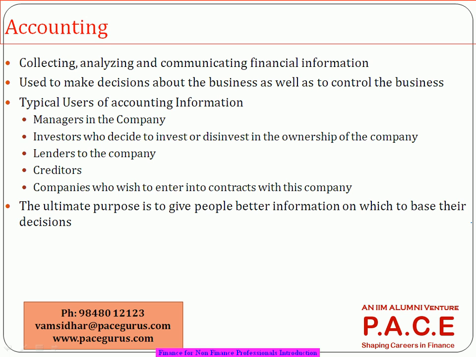This transaction is noted on a day-to-day basis, and all these are collated under appropriate headings, and finally they narrow down into three financial statements. One is called the profit and loss statement, one is called the balance sheet, and one is called a cash flow statement.